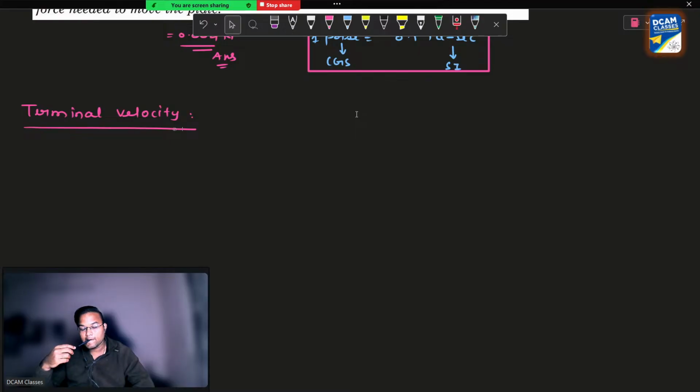Correct? And even the ice that falls also has a spherical shape. Why?